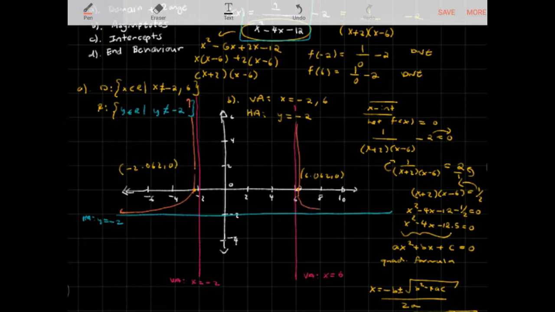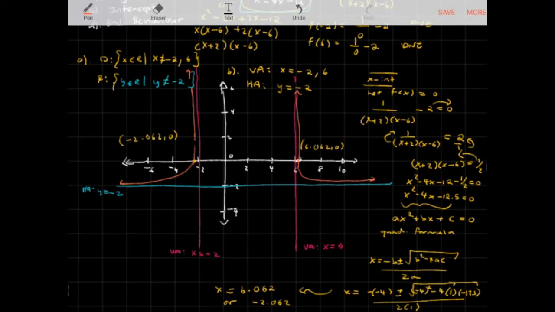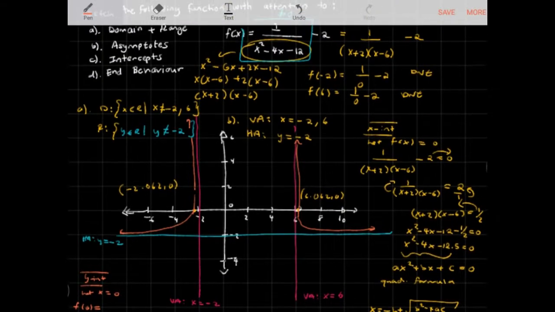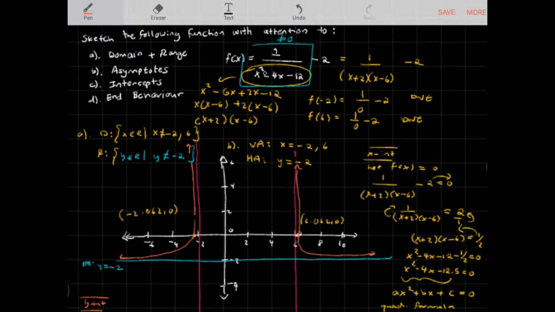And we can also figure out the y-intercept of our function. The y-intercept will be a lot easier to find. So if we are trying to find our y-intercept, I'm going to let x equal 0. So f of 0 is equal to, and I can use the original function.